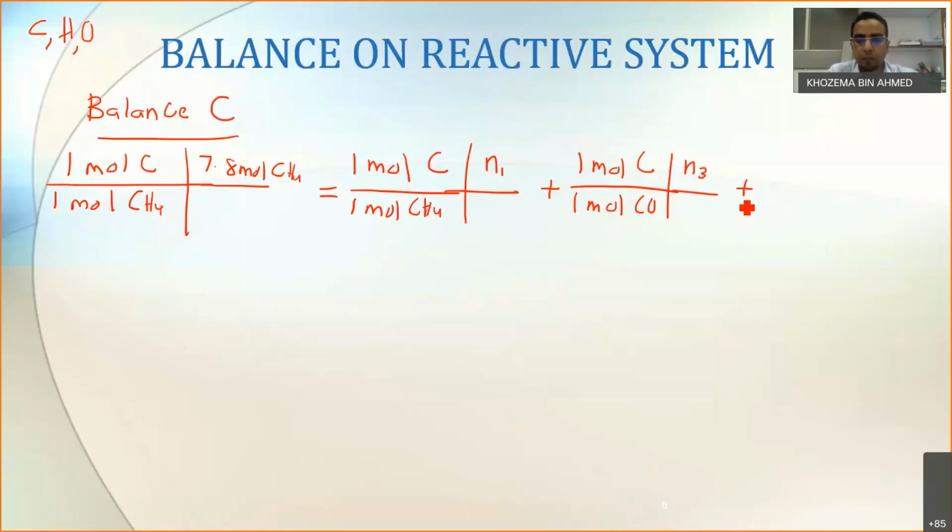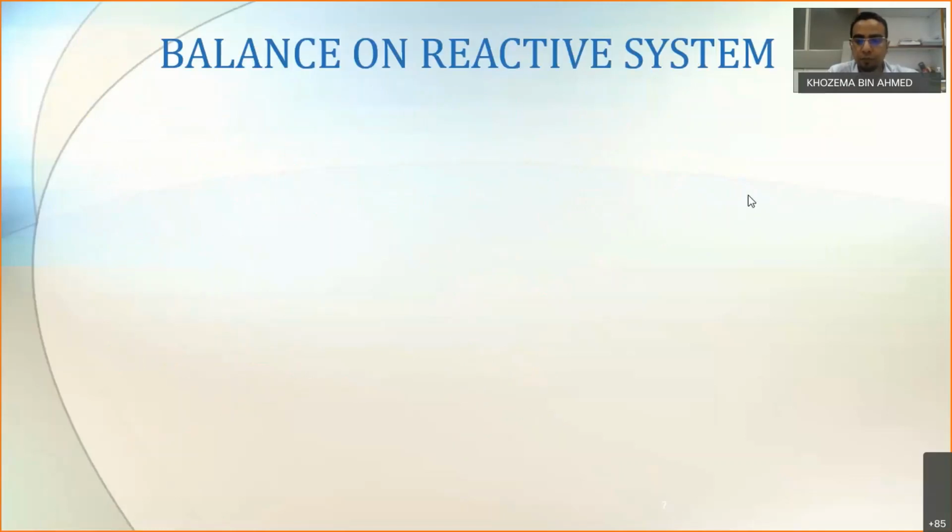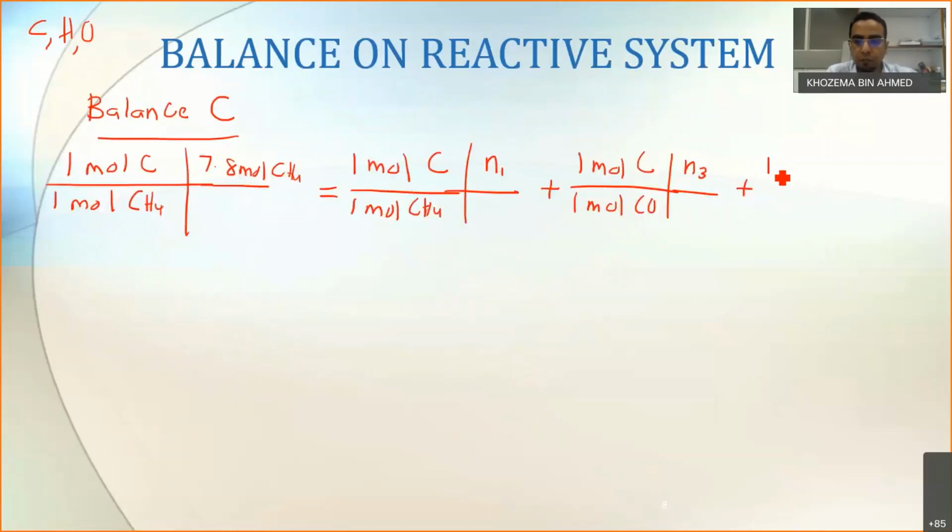Plus I have C in my CO2 molecule, so I can put here 1 mole of C in 1 mole of CO2, and the mole here I've labeled as N4.